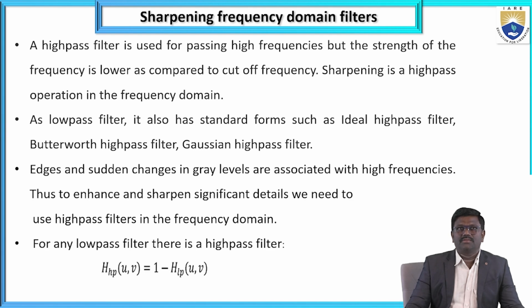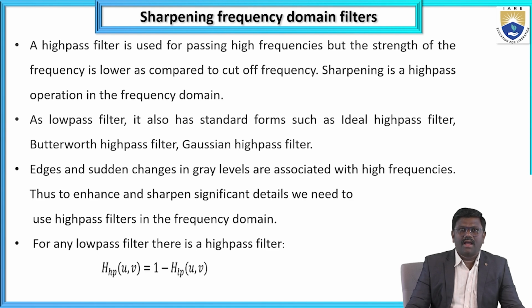Sharpening is a high pass operation in the frequency domain, the opposite of a low pass filter. It has standard forms such as the ideal high pass filter, Butterworth high pass filter, and Gaussian high pass filter. Edges and sudden changes in gray levels are associated with high frequencies, so to sharpen significant details we use high pass filters in the frequency domain.